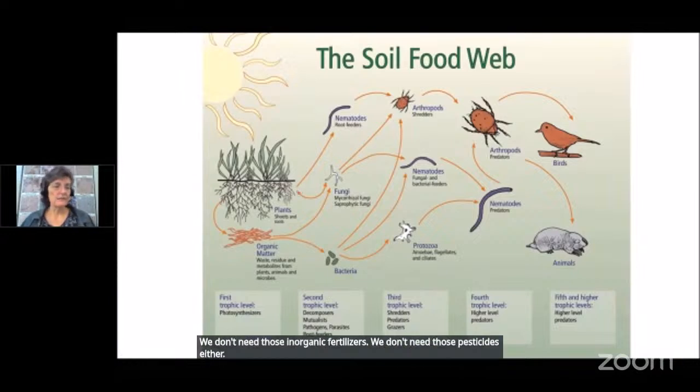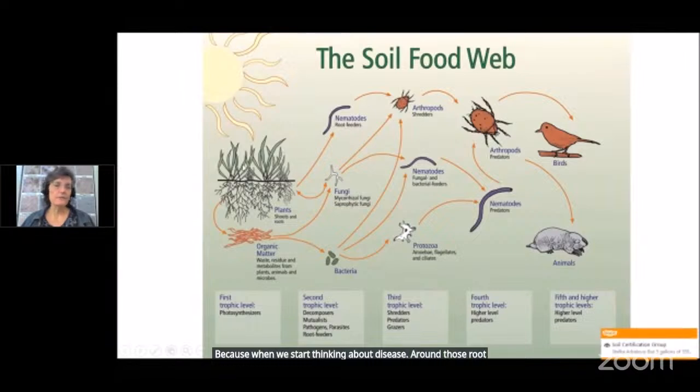Because when we start thinking about disease around those root systems or around the top part of the plant, the protective layer around the surfaces of every part of that plant are these microorganisms.